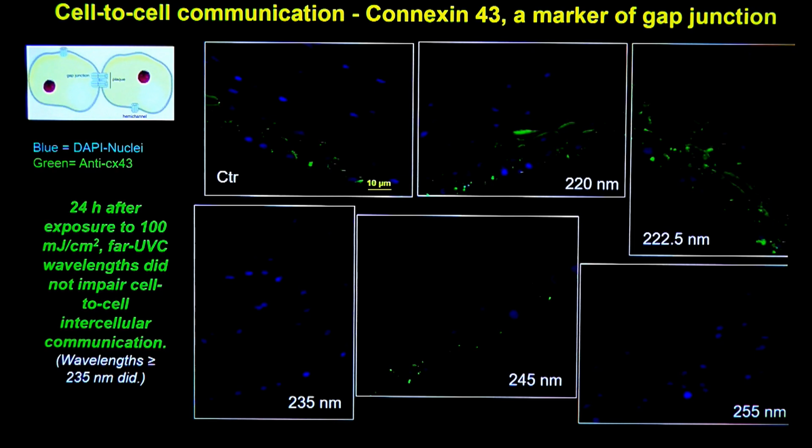And in green, you should see anti-connexin 43, which is a protein that is very important for cell-to-cell communication. And again, 24 hours after exposure to 100 millijoule per centimeter square, far UVC wavelength will not impair this gap junction cell-to-cell communication. With wavelength a little bit higher than 235 nm, I don't have quantification here, but you just see less green, so that's my statement.